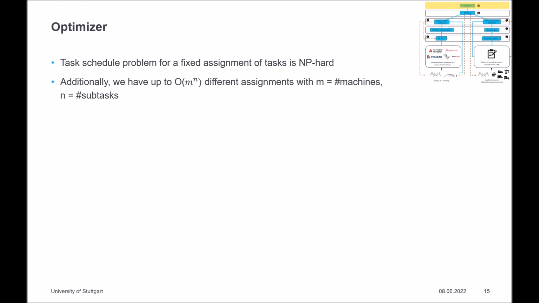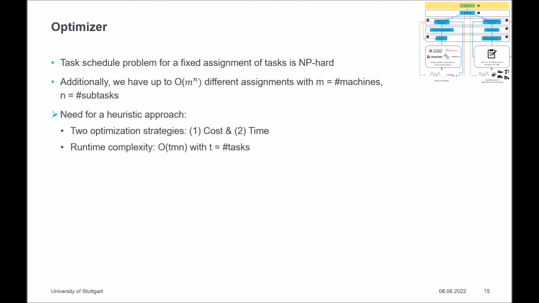Based on the task assignments, we now want to find the most optimal one along with an optimal task schedule. Finding an optimal task schedule for a fixed assignment of tasks is a well-known NP-hard problem. Additionally, we consider multiple possible assignments, up to m to the power of n, with m being the number of machines and n being the number of subtasks.